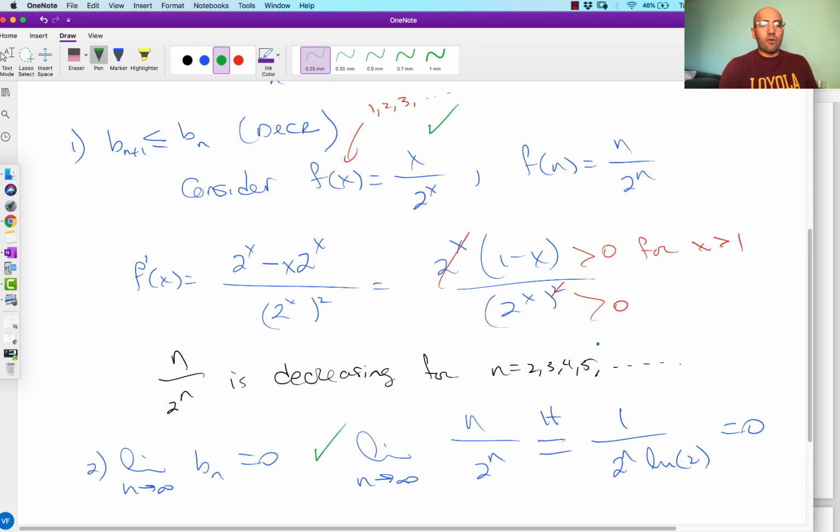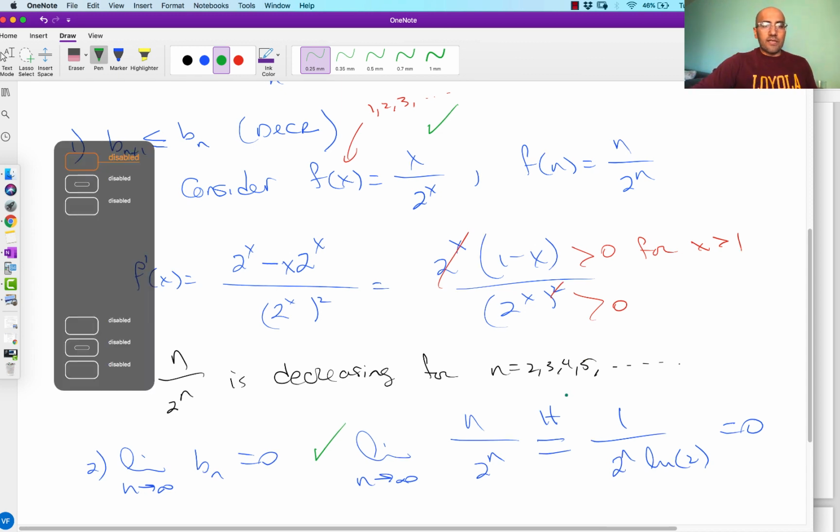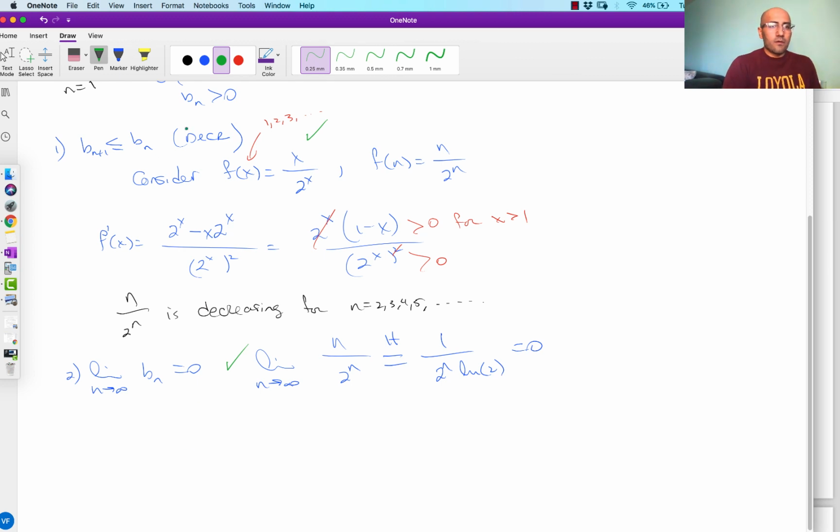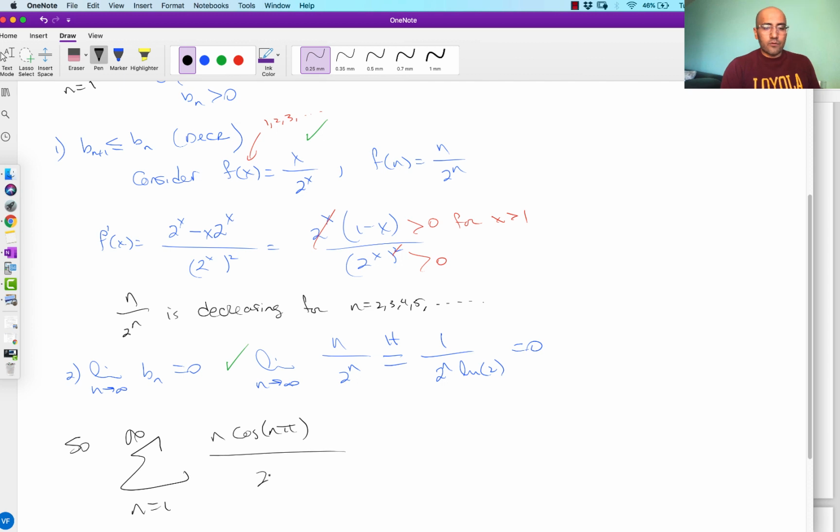So by the alternating series test, the series as n goes from 1 to infinity of n cosine of n pi over 2 to the n converges by the alternating series test.